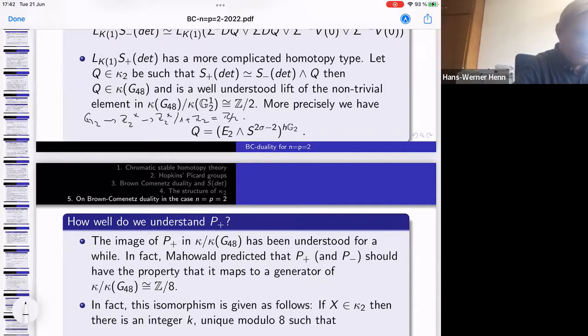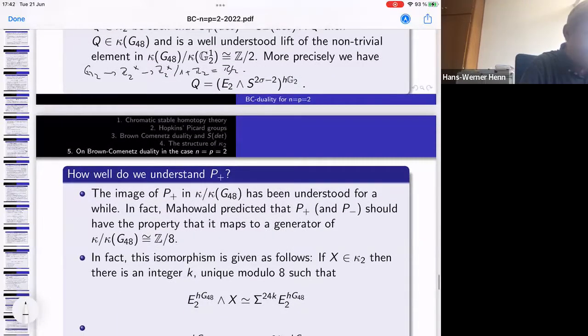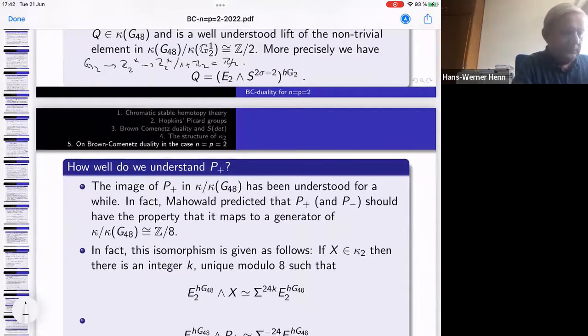If X is in kappa 2, one can show that there's an integer k, which is unique modulo 8, such that if you take E2 homotopy fixed points with respect to this maximal finite subgroup G48, smash X, then you get a 24k-fold suspension of E2 homotopy fixed points G48.